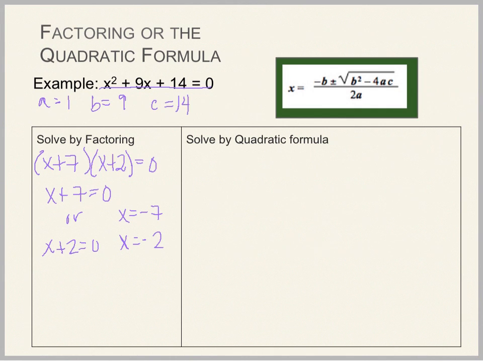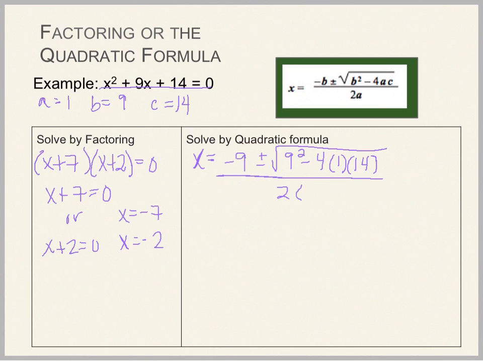So using the quadratic formula, we have x equals the opposite of b, negative 9, plus or minus the square root of b squared, or 9 squared, minus 4 times a, which is 1, times c, which is 14. All of this is being divided by 2 times our a value of 1.